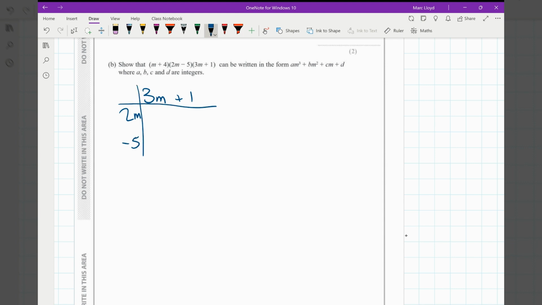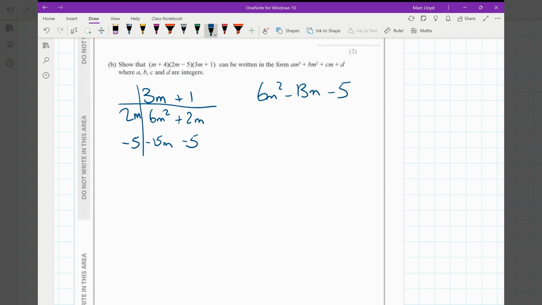So 3m times 2m, 6m squared, 1 times 2m, 2m, 3m times minus 5 is minus 15m, and then 1 times minus 5 is minus 5. We then collect those two terms. We'll simplify the whole thing. 6m squared, take away 13m, take away 5, because minus 15, add the 2, gives us minus 13.